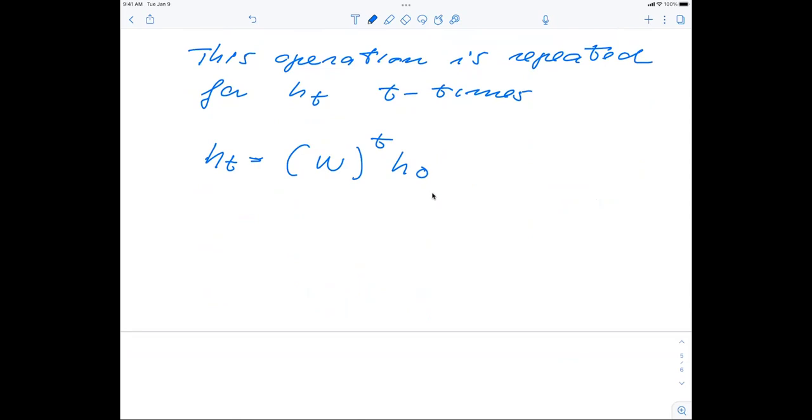So you could now think of the eigenvectors of this matrix W. You can find an orthogonal matrix S which diagonalizes this matrix, and that's an orthogonal matrix.